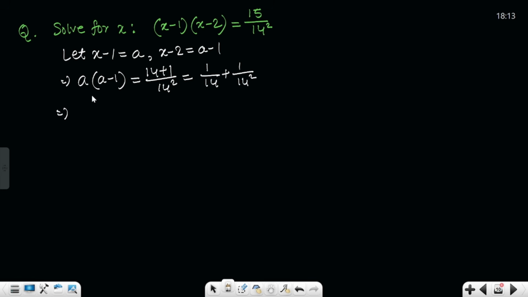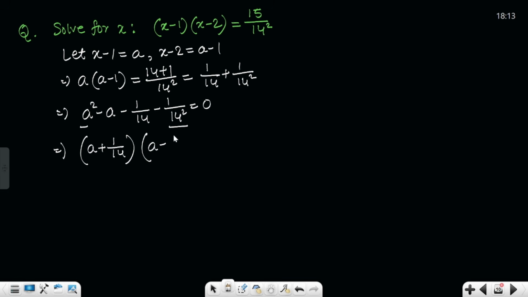Right? Now we will open the bracket. So this will be a square minus a. If we bring these two terms in the left hand side, it will be minus 1 by 14 minus 1 by 14 square. This is equal to 0. Now from these two terms, you can see a square minus b square form. So this will be a plus b into a minus b. So a plus 1 by 14 into a minus 1 by 14, a plus b into a minus b.